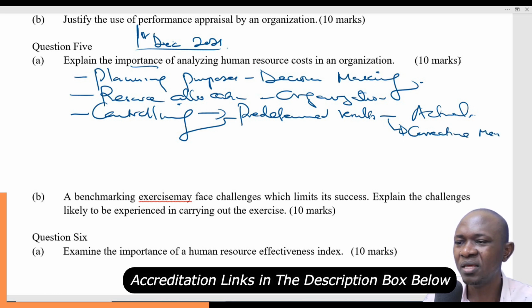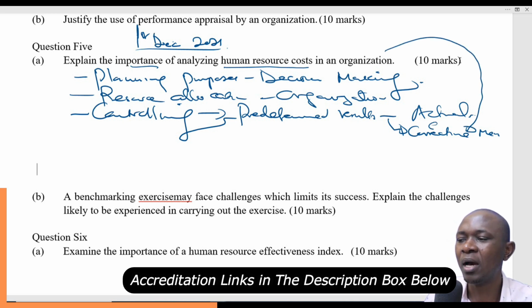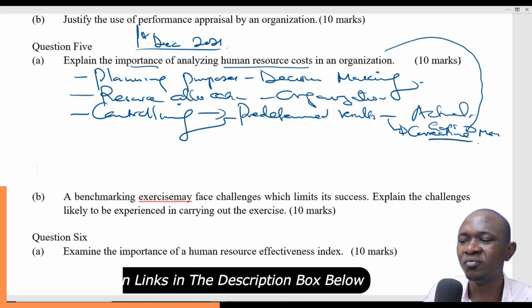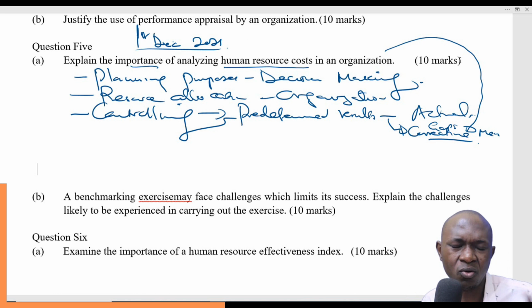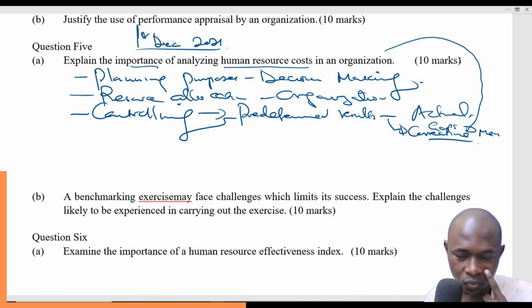So it's only if we analyze this human resource cost that we are able to get the gaps, which will allow us to take the corrective measures. Otherwise, if we don't analyze those human resource costs, how are you going to know the gap, the misses? So one of the key critical importance of analyzing human resource costs is that it helps us identify the gaps, and those gaps will inform us on the corrective measures that we are supposed to take.